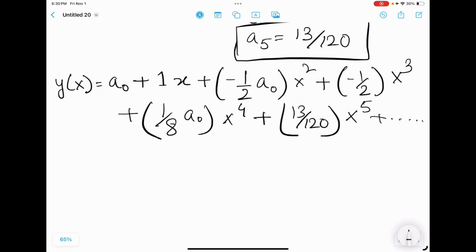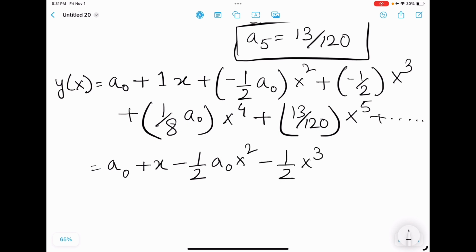If you want to get rid of these brackets, you can do that too. So if you just want to get rid of the brackets, I have a sub 0 plus x minus half a sub 0 x squared minus half x cubed plus 1 by 8 a sub 0 x to the power 4 plus 13 by 120 x to the power 5, and then so on.